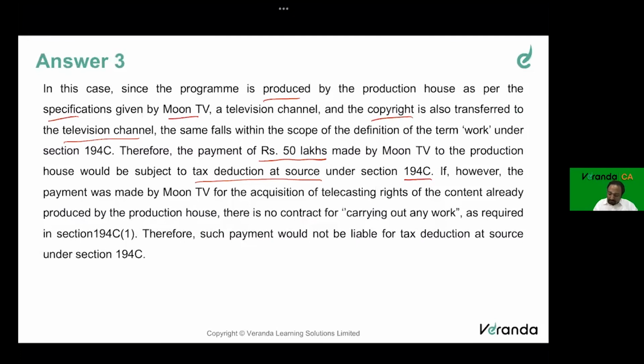If, however, the payment was only for acquisition of telecasting rights of content already produced by the production house, there is no contract for carrying out any work as required in section 194C. In that case, such payment would not be liable. That's what we are saying.